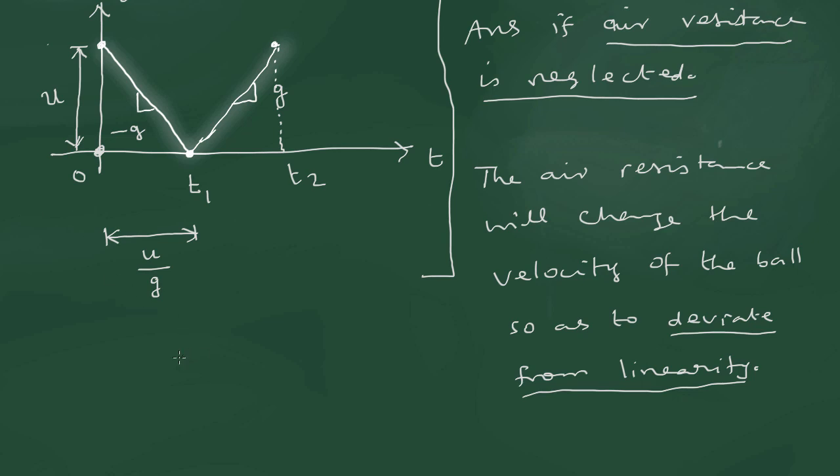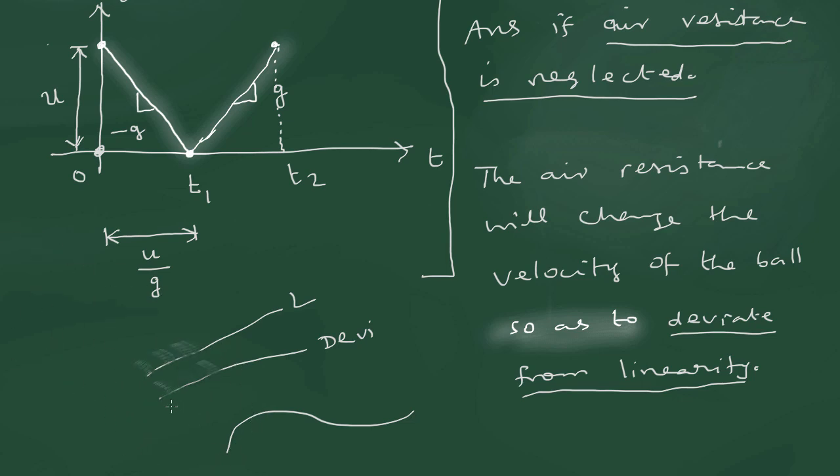Let me draw here: this is a straight line, and if you draw it slightly like this, it is no longer straight. This is deviation. Of course, the air resistance will not change the straight line drastically like that. The deviation is to slightly deviate from the original straight line.